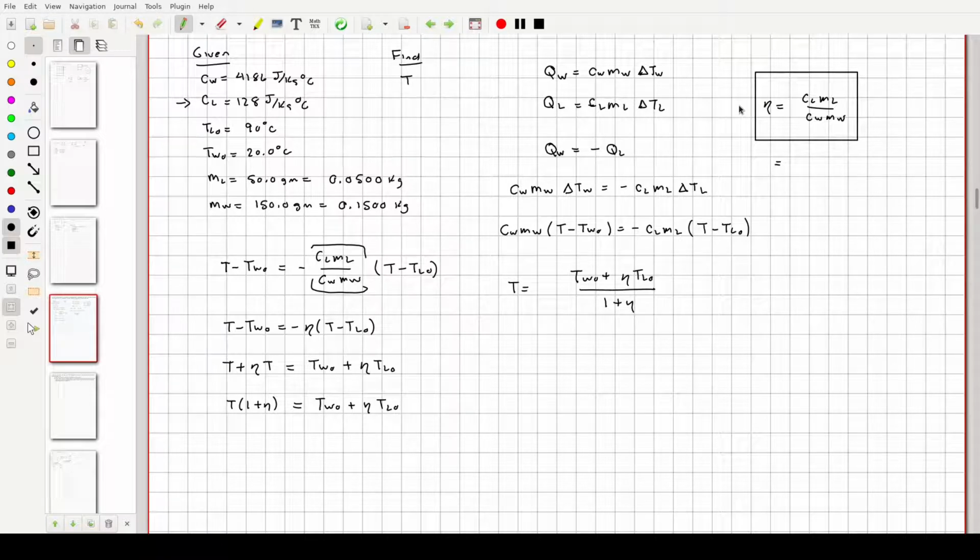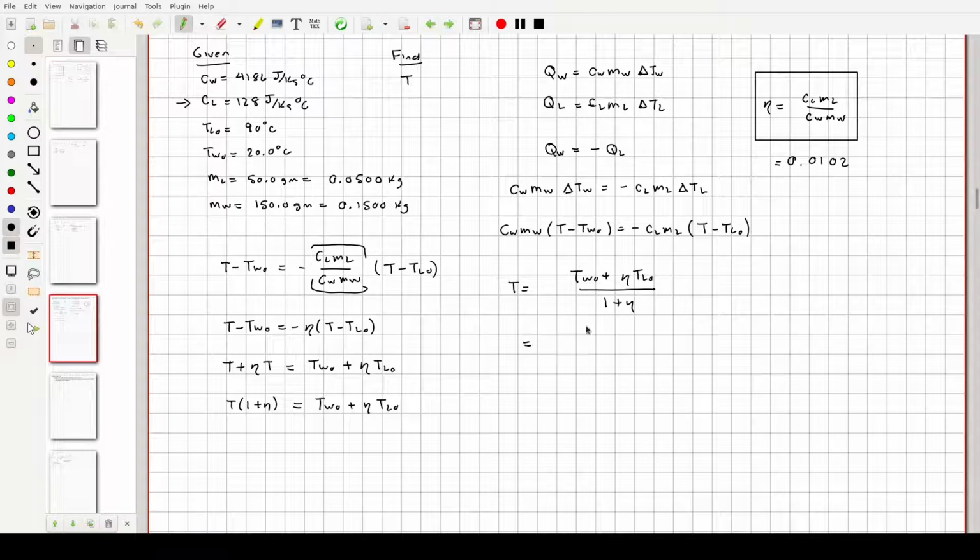M_W is 0.15. I get 0.0102. Now it's unitless, okay? And in fact, typically, when we group things up like this, the goal is to make our little constant over here unitless. It just helps make life easy.